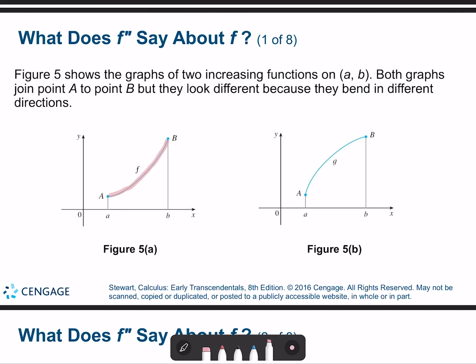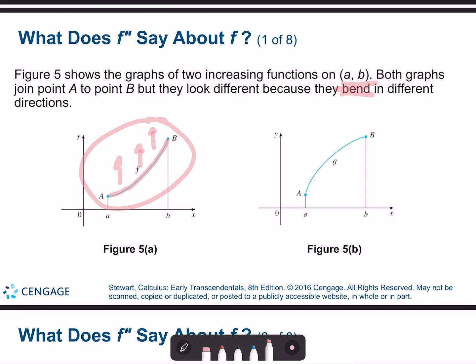This portion of the curve that we're looking at right here is cupped, maybe you could say, in the upward direction. More formally, the author says that they're bent in different ways, right? They bend in different directions. I like to say that this blue curve is cupped or concave in the upward direction.